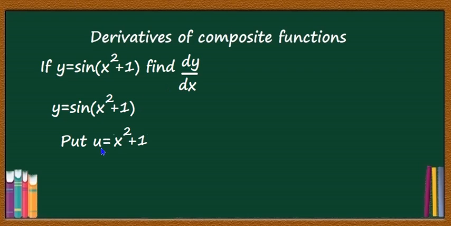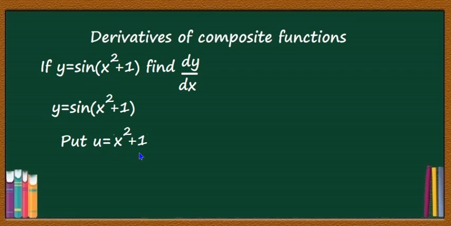See here, if you put u is equal to x square plus 1, y will become sin u, which is a simple function, and you can find the derivative of y with respect to u very easily. And while choosing u, it is important that you can find its derivative, as well as that after substituting, y will become a function of u whose derivative can be found very easily. That is a very important step.